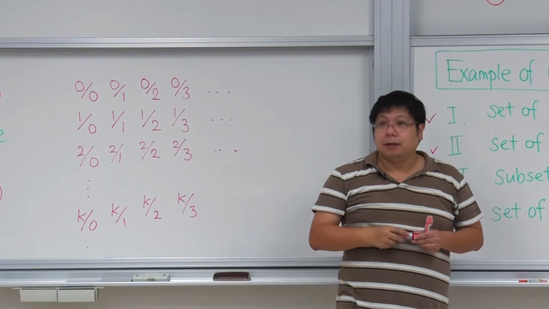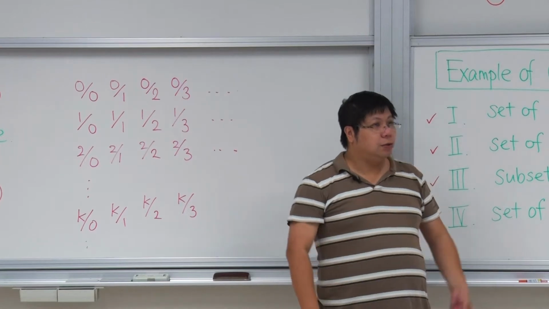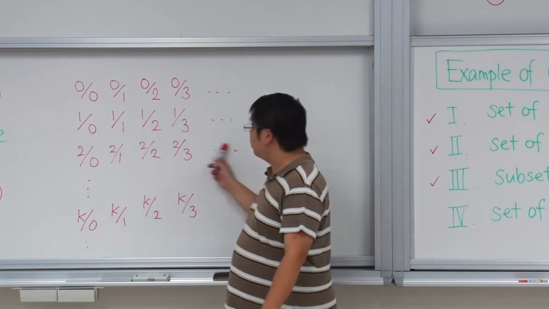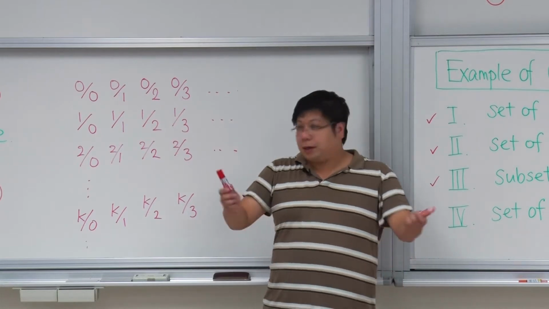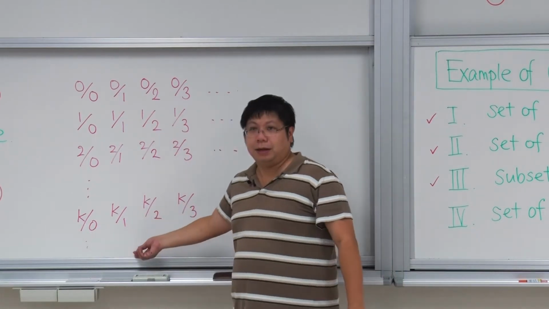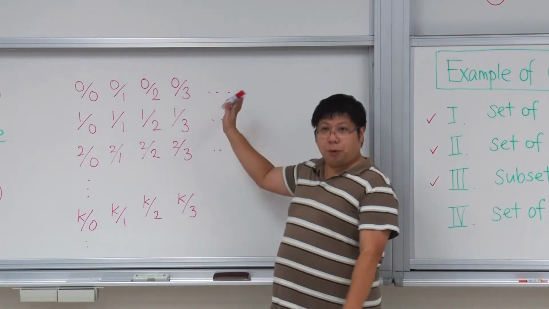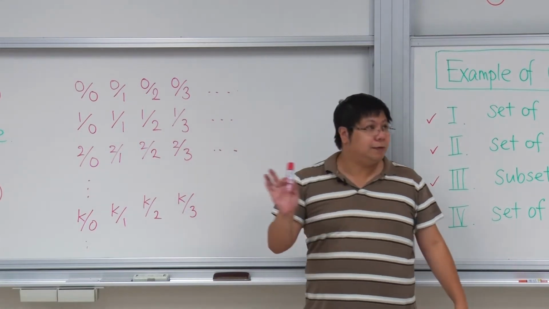Because if I want to get 2 over 5, then it is going to be 2 over 5. If I want to find 17 over 3, then I will go to 17 over 3, and I will get everything. It contains more, but it will not contain fewer.